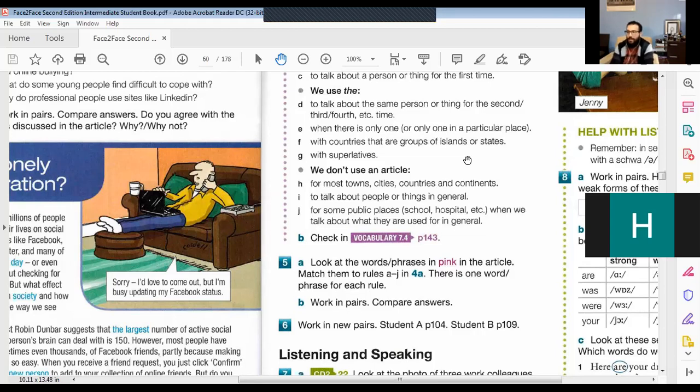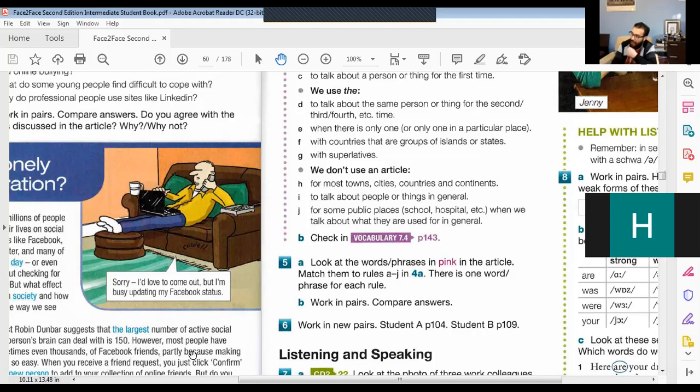The United Kingdom, the United States. Because in the UK we have England, we have Scotland, we have Wales, we have Northern Ireland. We have 4 together. They call them the United Kingdom. In the States, it's the same thing, United States. All right. Okay, so we found E.